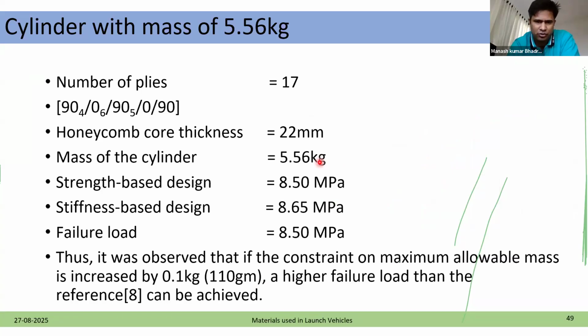So for that core thickness of 30 mm, the code has suggested that the core thickness should be only 22, the number of layers should be 17, and the buckling load obtained is 8.50, which is slightly higher than the load suggested by that paper.